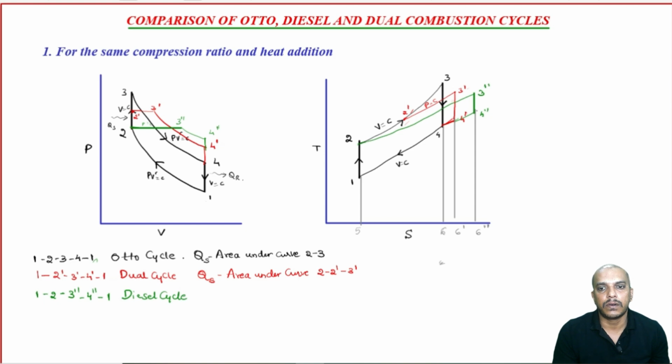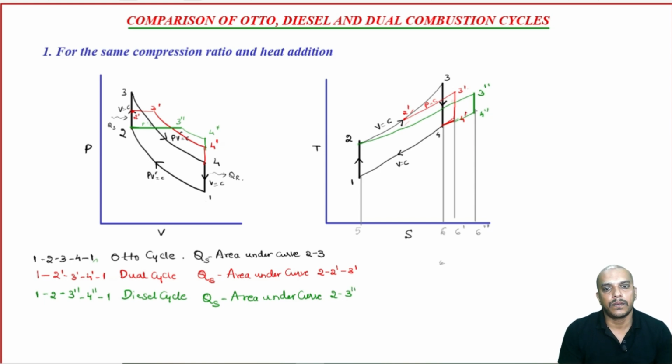All right. Now, for the Diesel cycle, the heat supplied QS is the area under the curve 2 to 3 double dash. We have moved it, but these areas are drawn in such a way that the area under 2 to 3, and under 2 dash, 3 dash, and 2, 3 double dash are the same.